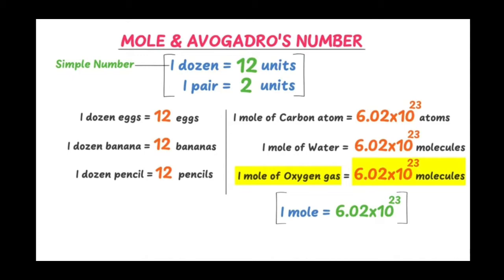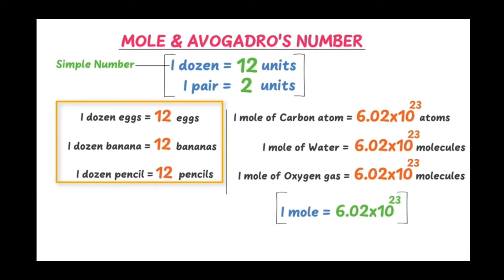Oxygen gas is also made of many molecules of oxygen, but 1 mole of oxygen gas contains 6.02 into 10 to the power 23 molecules of oxygen.